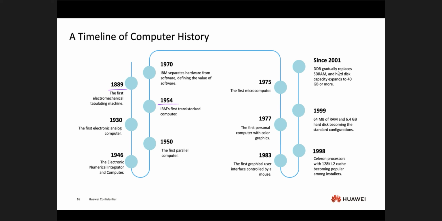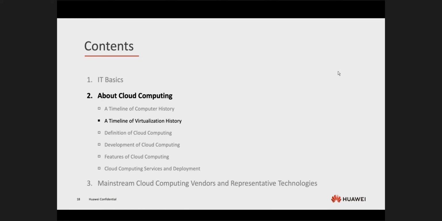Those are all the things that happen with computers, right? And then obviously in 1998 you have the Celeron CPU that made its own appearance, but now we have i3s, i5s, i7s, and even on server operating systems you have Gen 10s, Gen 11s, which is basically how everything evolved.